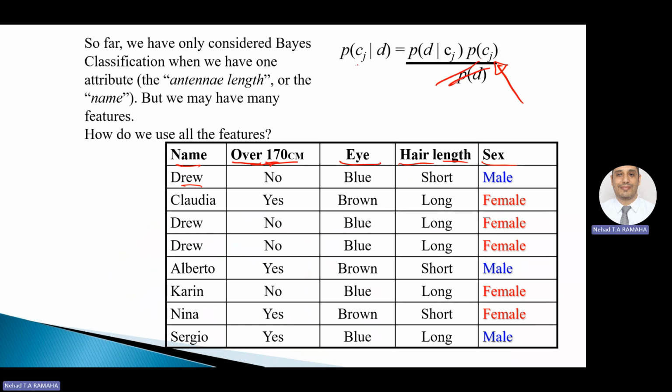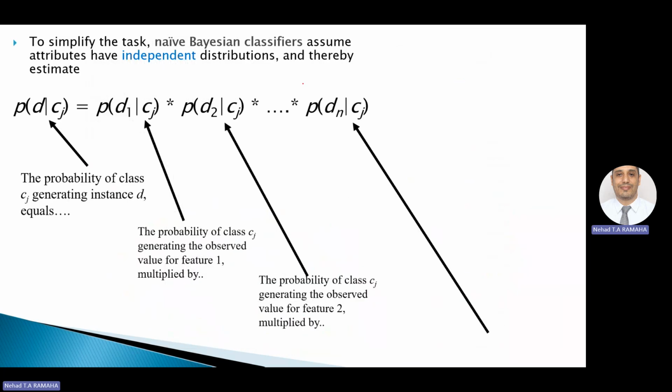And here, the probability of a specific category is equal to the probability of the classifications that we need for the different categories. This is a general rule like this.